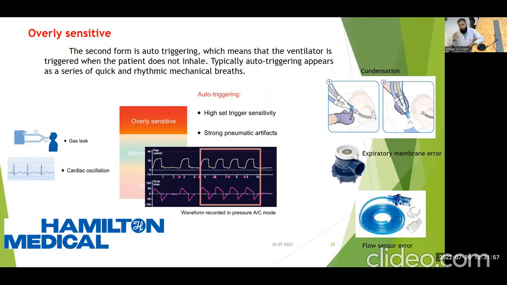For a single patient, we should use only one flow sensor, then discard it in the dustbin. There is a very thin membrane in the flow sensor, and sometimes water vapor or the patient's sputum gets stuck in it, and then it causes overly sensitive triggering or wrong measurements. We can easily say that flow sensor error is a major cause of overly sensitive error.